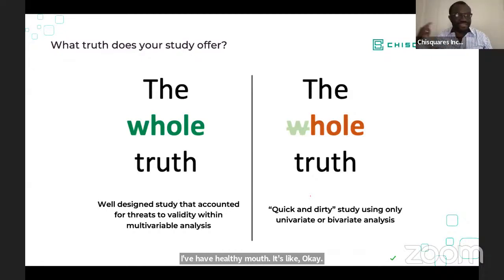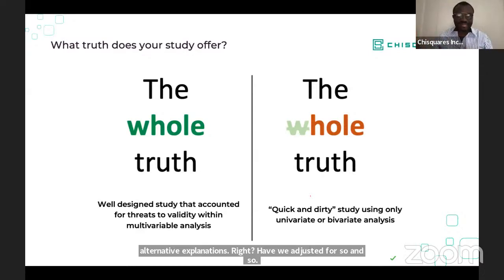What are the alternative explanations? The problem with descriptive analysis without regression is that you just report the superficial truth. You don't dig deep to see whether there are alternative explanations, or whether we have adjusted for so and so. By the way, we'll explain what adjusting means in a minute.